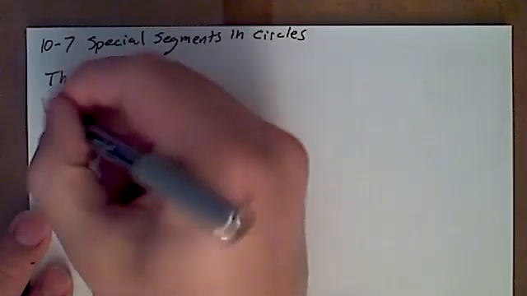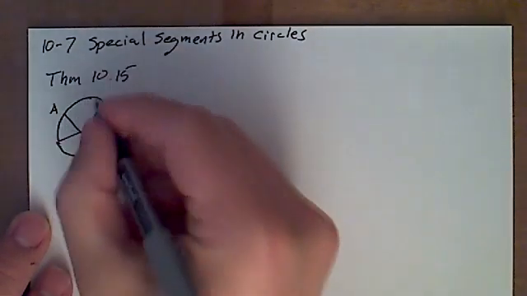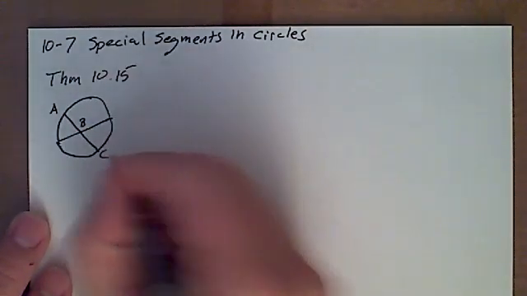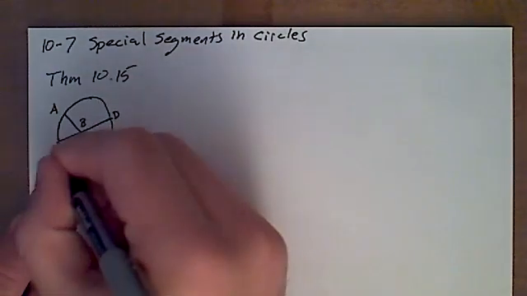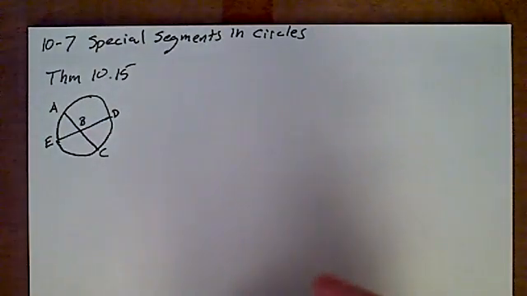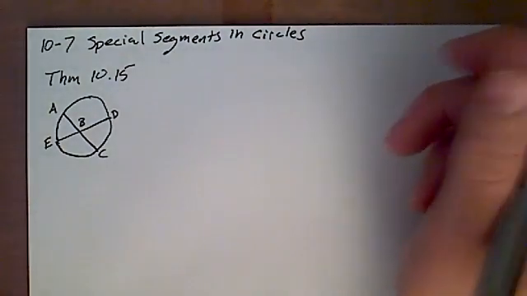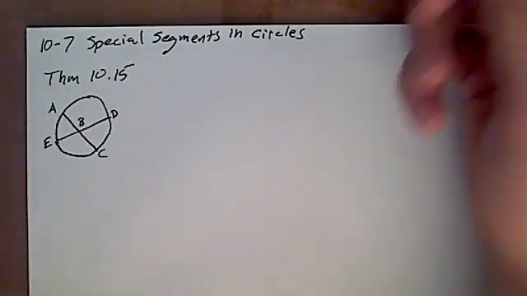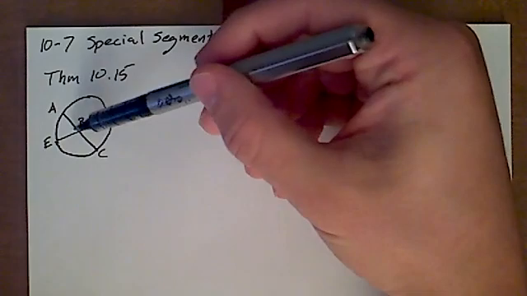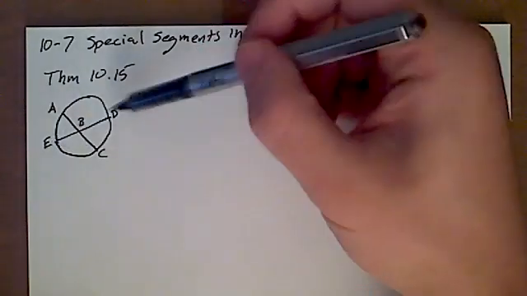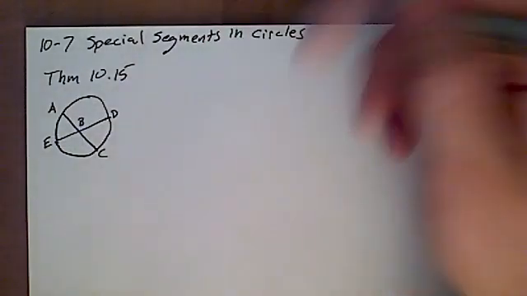If we have two chords drawn in a circle, then we can make a comparison of the lengths that are formed by the chord segments. So the chord segments AB, BC, BD, and BE.